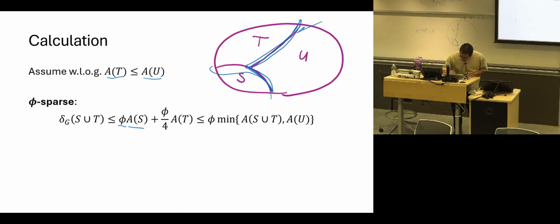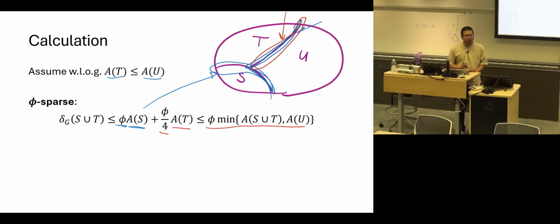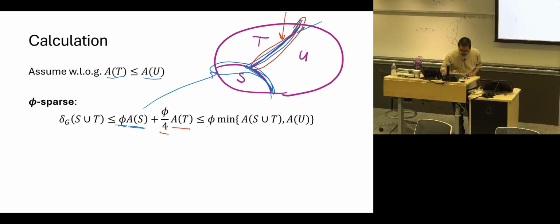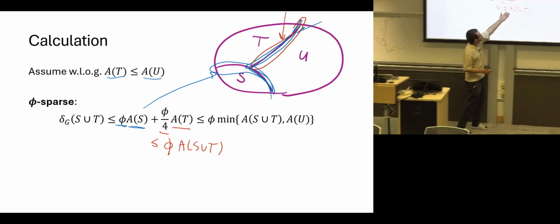This part is at most phi/4 times AT, just because this is phi/4 sparse. And then this is less than both of these things. So the first one is less than phi times A of S union T. That's easy to see, right?